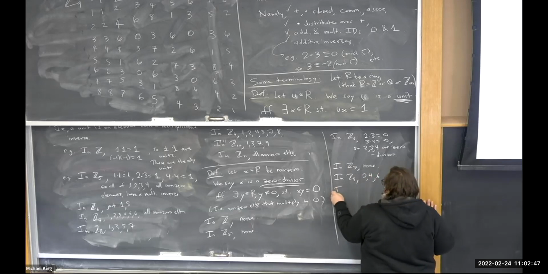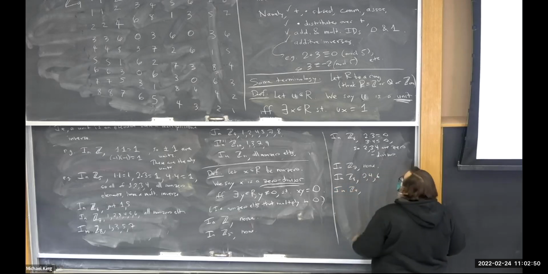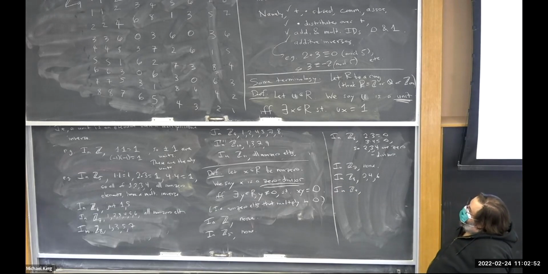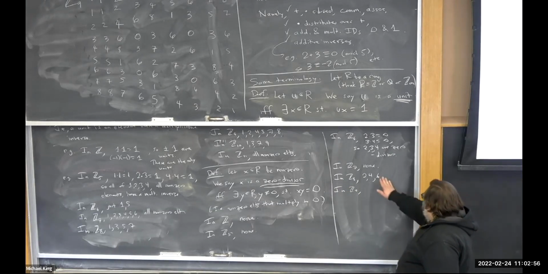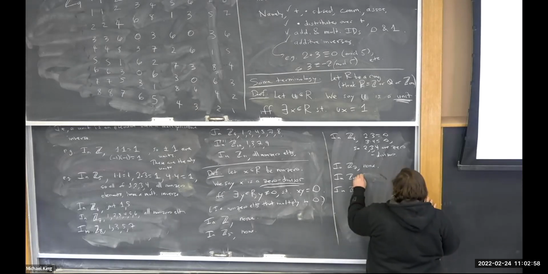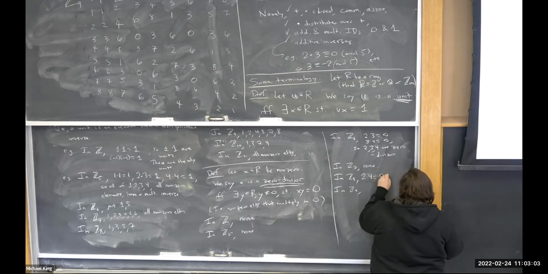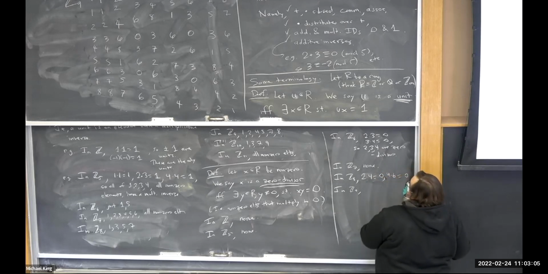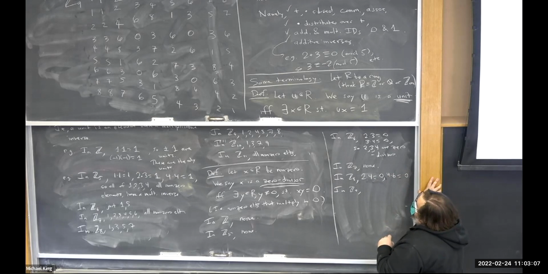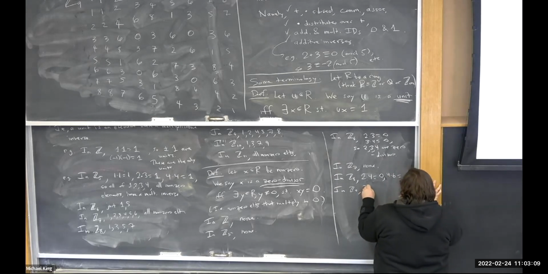In Z9, it's just 3 and 6, right? Those are the only places zeros appear. I guess I should say here, 2 times 4 is 0, and 4 times 6 is 0. In Z9, 3 times 3 is 0, and 6 times 3 is 0.